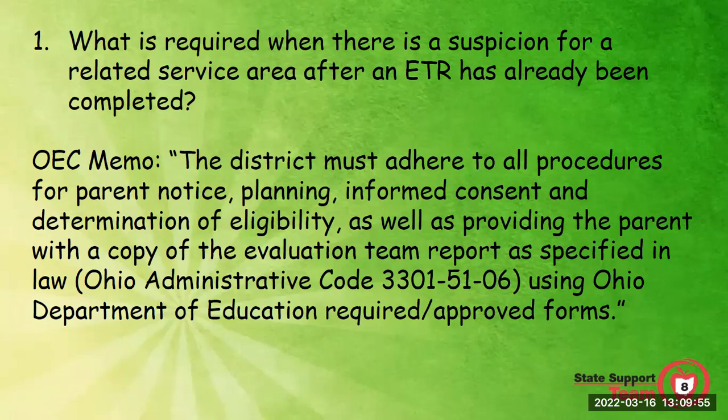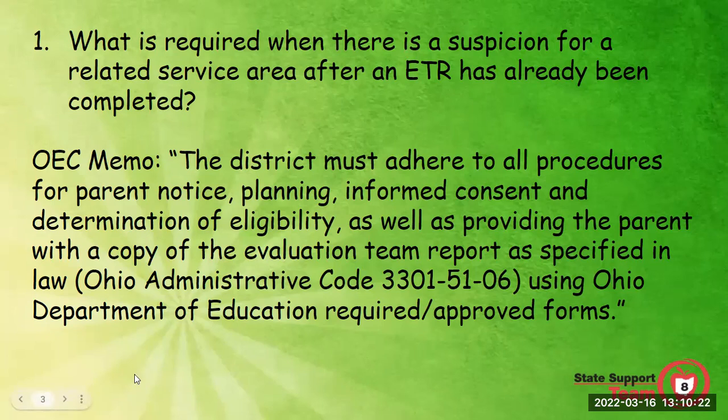In this case, there is an allowance that you do not have to go back and do a full reeval unless the team believes that is needed. And if you have multiple areas that you have additional concerns about, or there's new information that's come to light, then you may need to do that. And you certainly would be right and correct in moving forward with that.